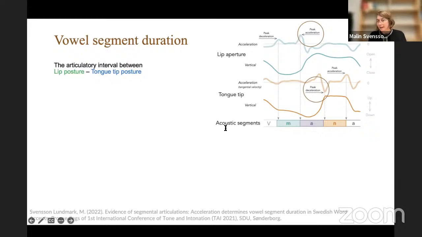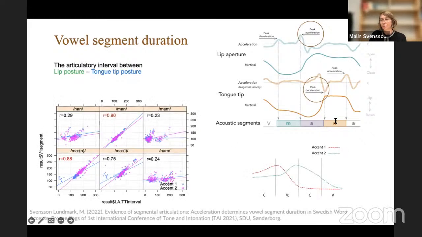Again, it's the same data as before, the 18 speakers, and this time there are more words, 12 words, divided into accent 1 and accent 2. They are word accent pairs, so they have different word endings, but they all have the same word onsets. This figure shows vowel segment duration on the y-axis, and on the x-axis, this articulatory interval measured between these 2 points.